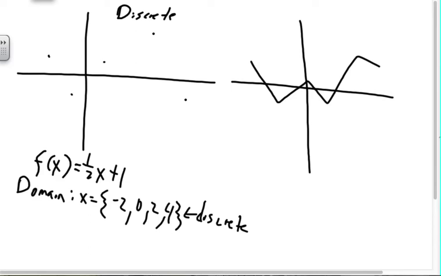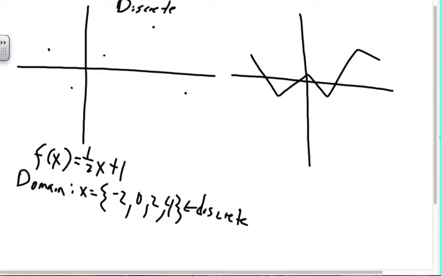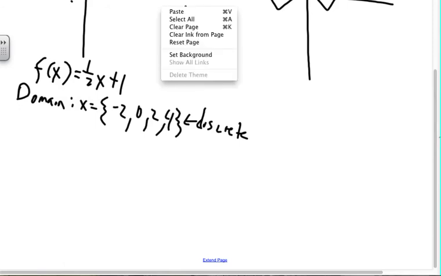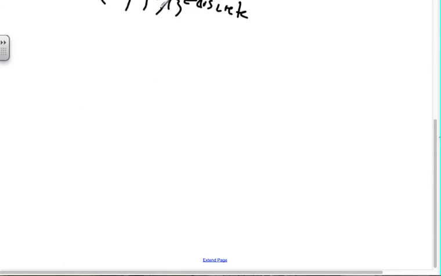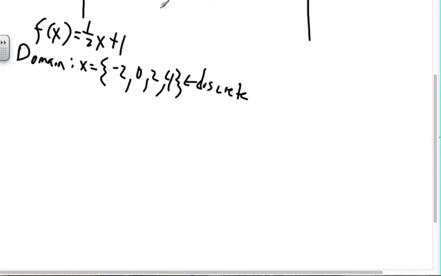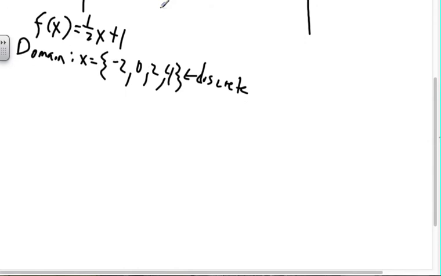Okay, so let's take a look at how you're actually going to deal with this thing and work with it. So the first thing we know is we've got an f of x. And here it falls under the general category of the work you're going to do, which is graph and classify.